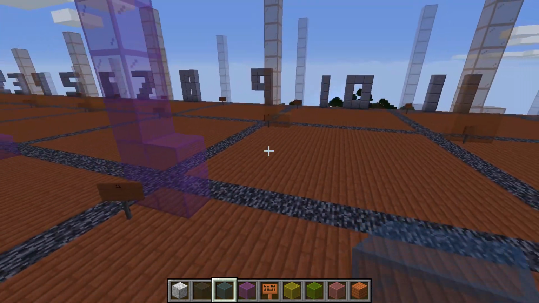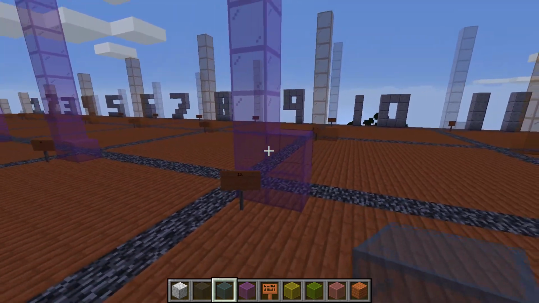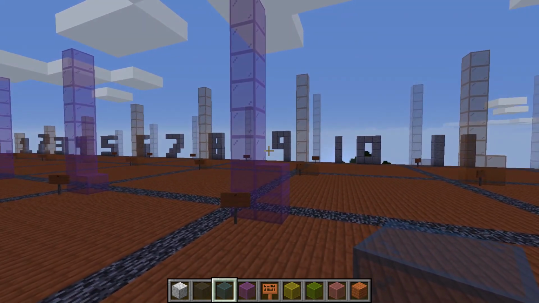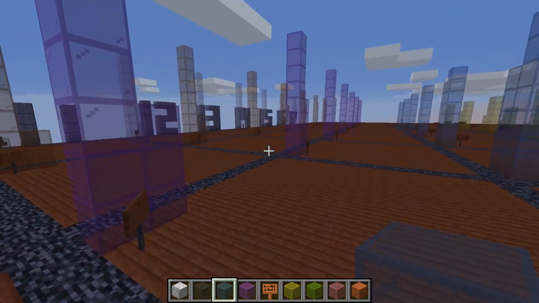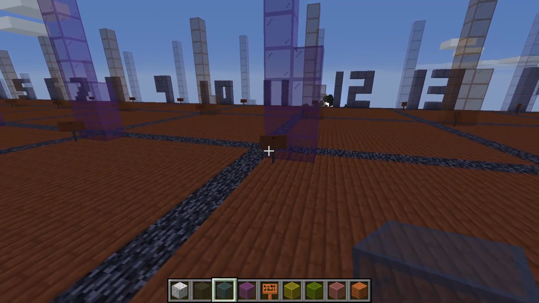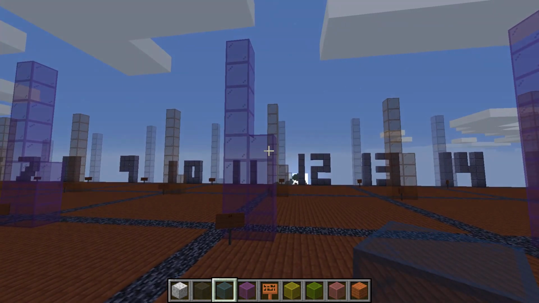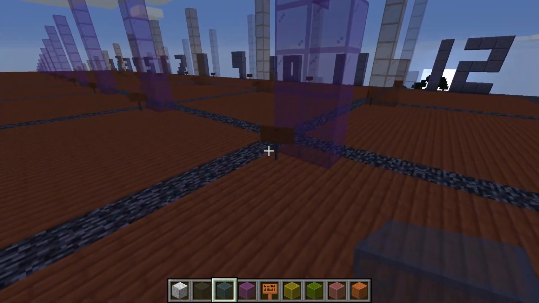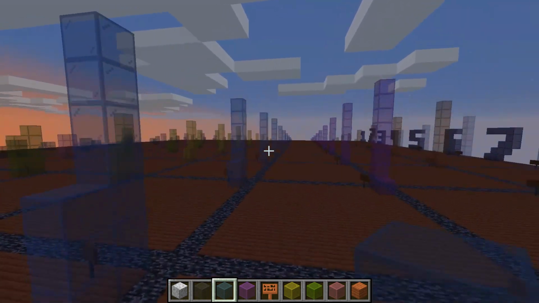Or in base 8, the same number would look like this. It's the same number. I know you want to say that's 12. It's not 12. 12 in base 8 looks like this, because we've got 8 plus 4. 8 plus 4 is 12. So that would be what that would look like. So on and so forth.